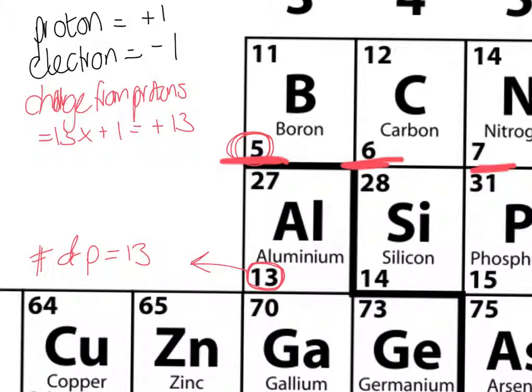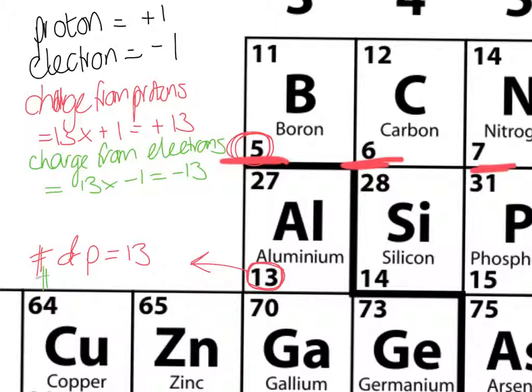That means in order to cancel out that positive charge, the charge from the electrons equals 13 times -1 equals -13. Okay, so in order to get a charge of -13, I obviously need 13 electrons.